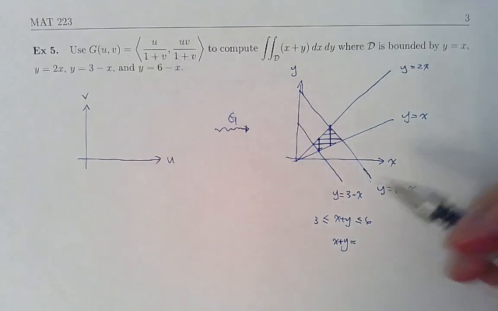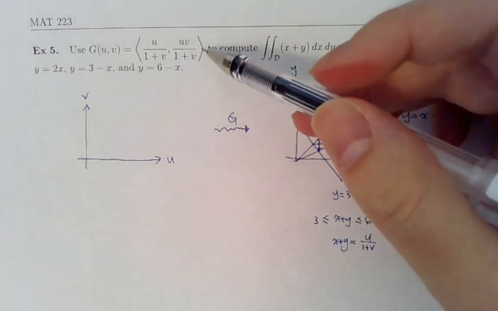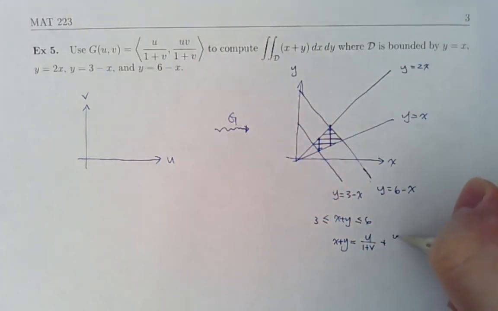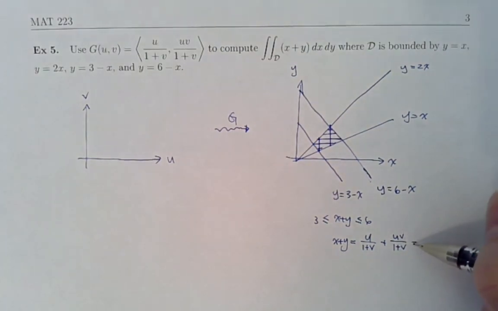So x is u over 1 plus v, and y is uv over 1 plus v. And so if we add that together, we get u plus uv over 1 plus v.